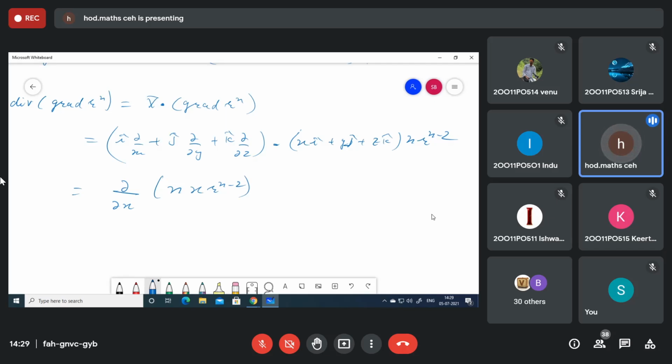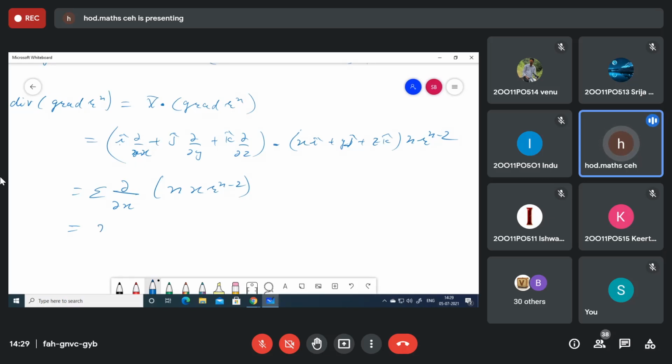This I need to differentiate with respect to x, whereas i dot i is 1. Understood all of you this part? Okay. So here I will put a summation sign instead of writing the remaining two terms. This I can do.